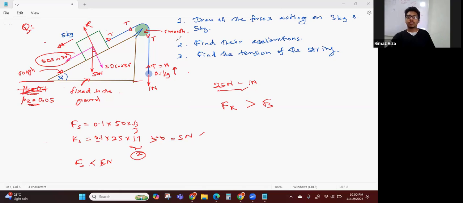Then you need not bother, you can just apply F equals ma and find it. But in case they give you a question like that, you have to first check whether the applied force is greater than the maximum friction force or not. Here the resultant force acting on the object is greater than the maximum friction force. Therefore, it will accelerate. Okay.